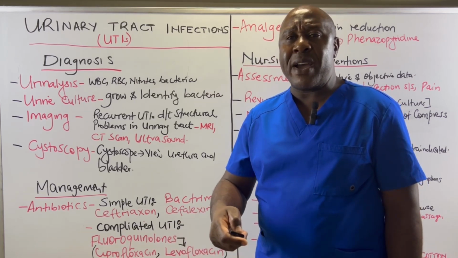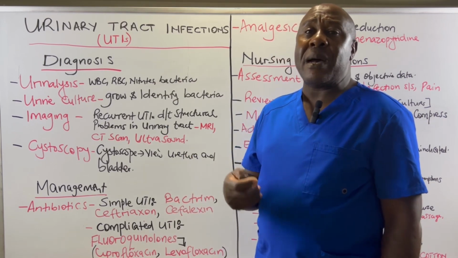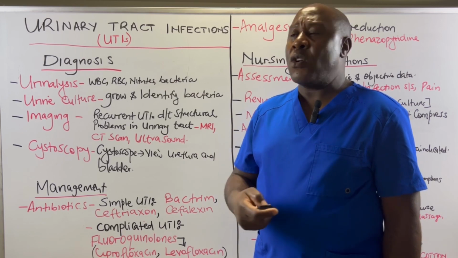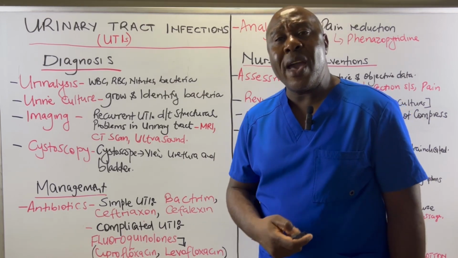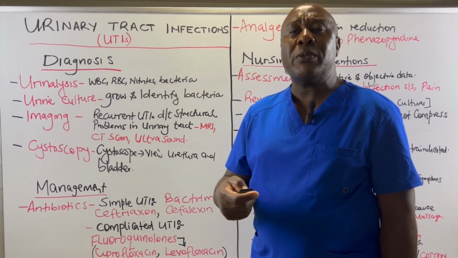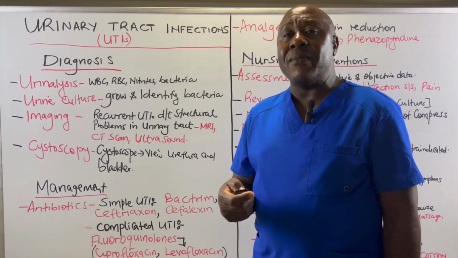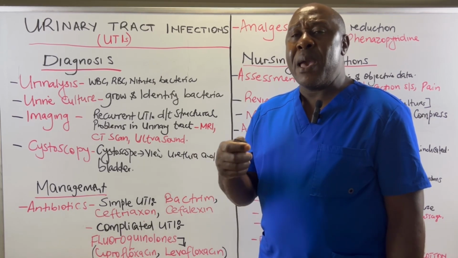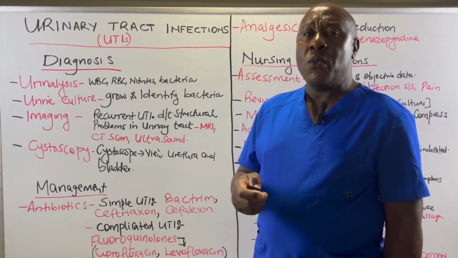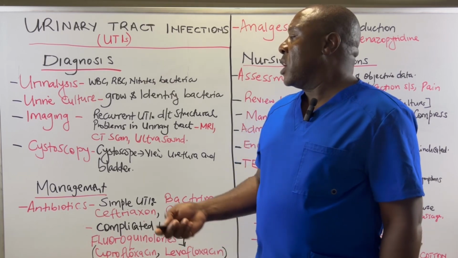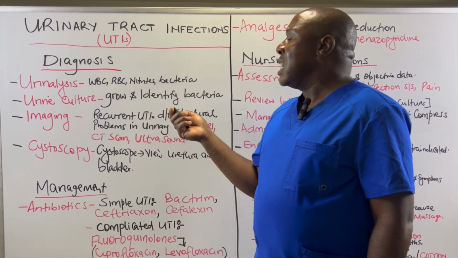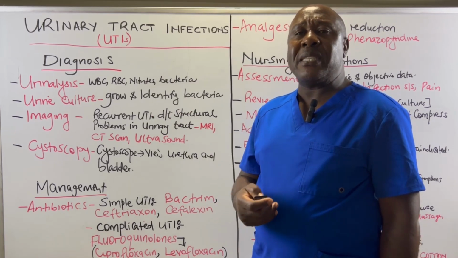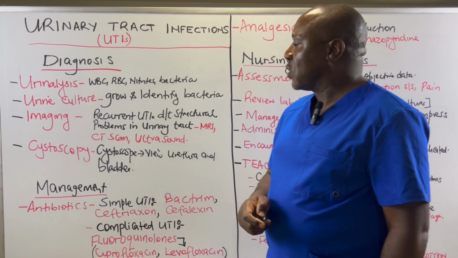So healthcare providers at the beginning, once they have collected the sample they require, for example, once they have collected the urine or once they have collected the blood or any sample they need, then they will go ahead and prescribe broad spectrum antibiotics until the time when they identify that bacteria. Then they will be able to prescribe a particular antibiotic which deals with that identified bacteria. So in urine culture, they grow and identify bacteria in the laboratory, which helps them to identify what are the best methods of treating that infection.